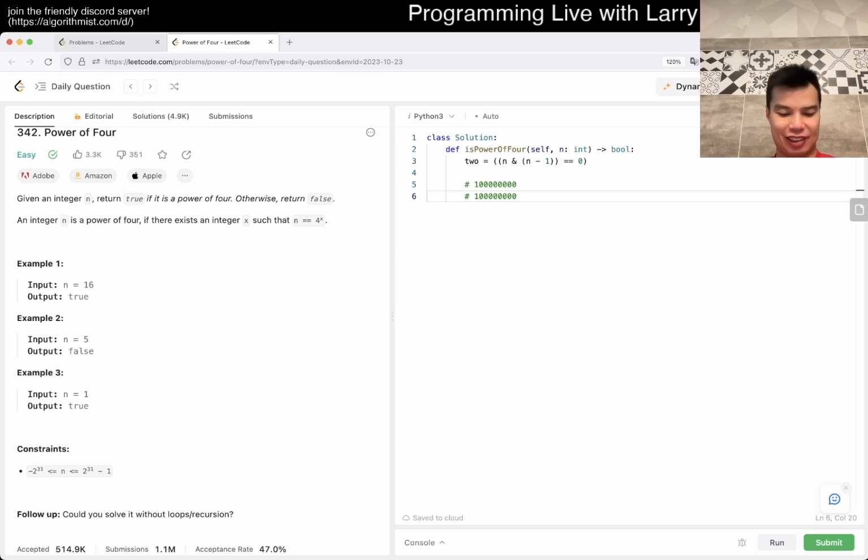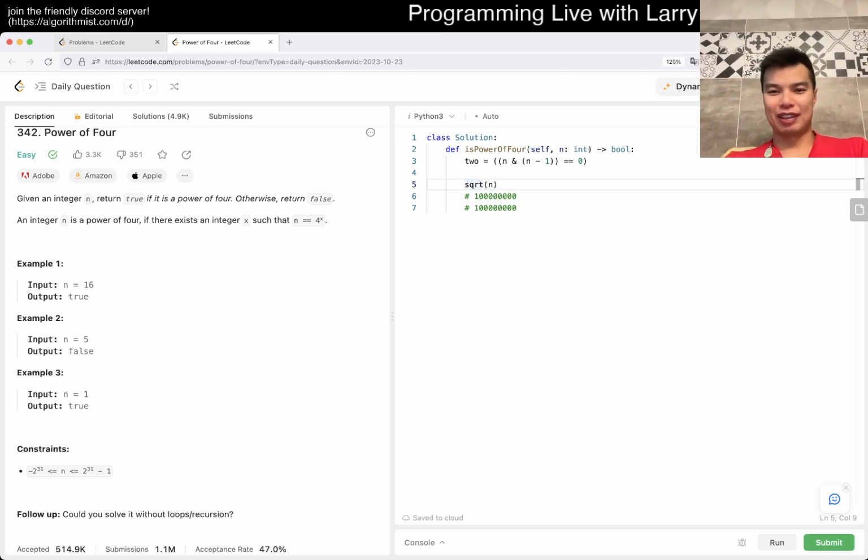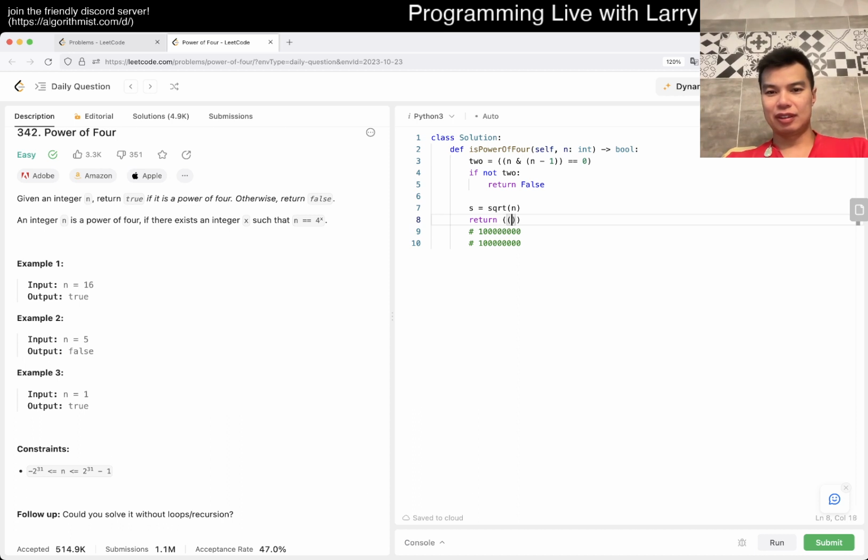I don't know if that counts as cheating or whatever, but it is something that's new to me, so I'm going to try to see if this works. It may not work. So if not a power of 2, return false. Otherwise, return whether the square root is a power of 2.